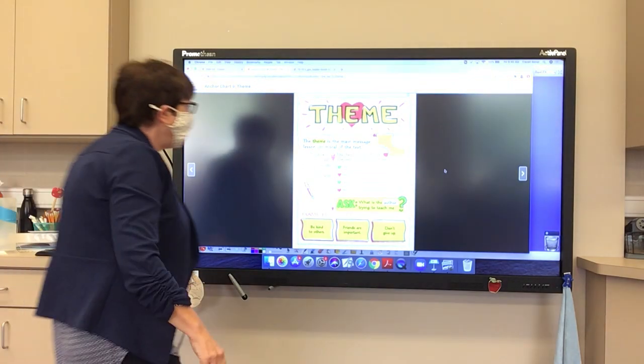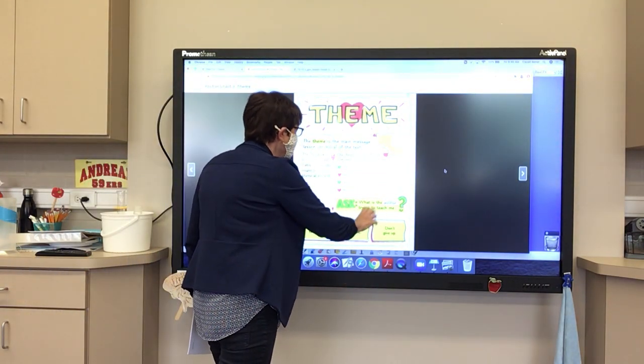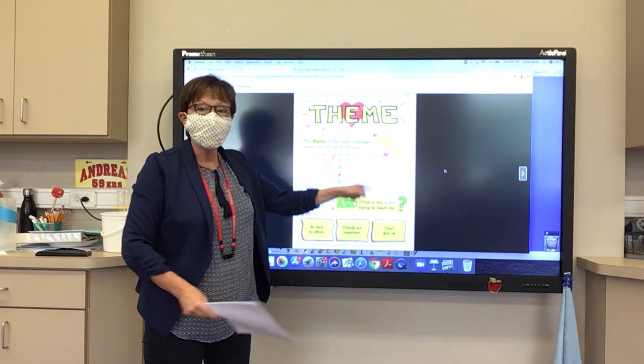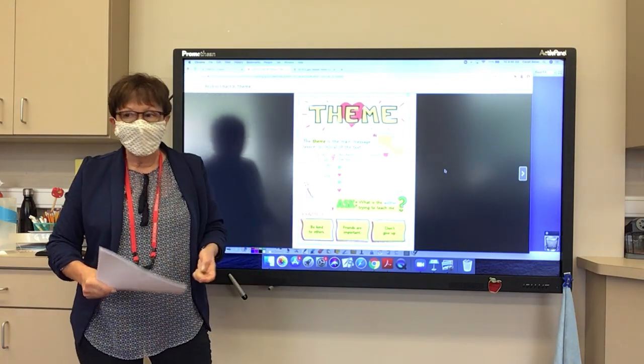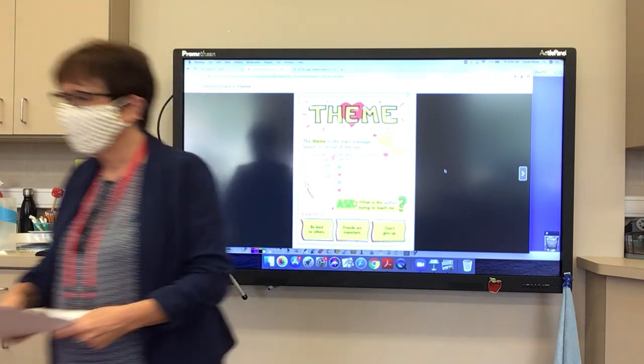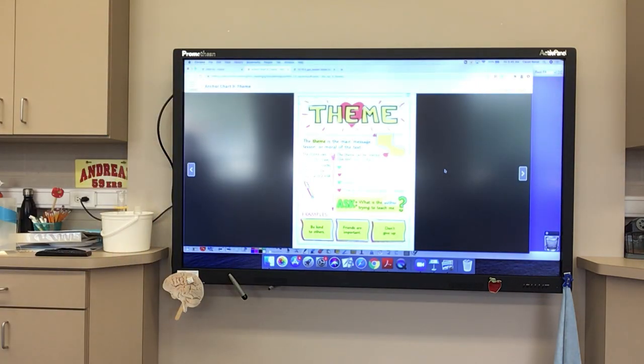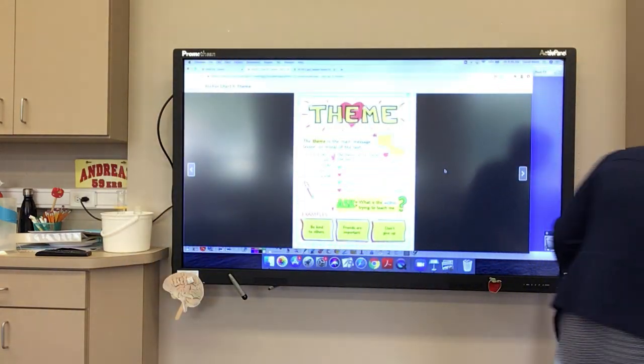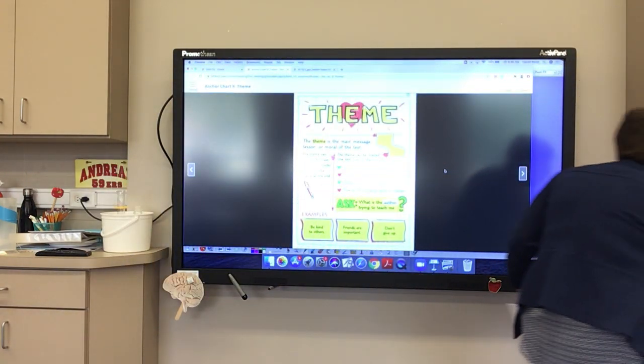Remember, we're always asking, what is the author trying to teach me? So we're looking for the clues. We're trying to figure out, how has Scaredy Squirrel changed in the story? What lesson has Scaredy Squirrel learned? So that's what we're trying to figure out.